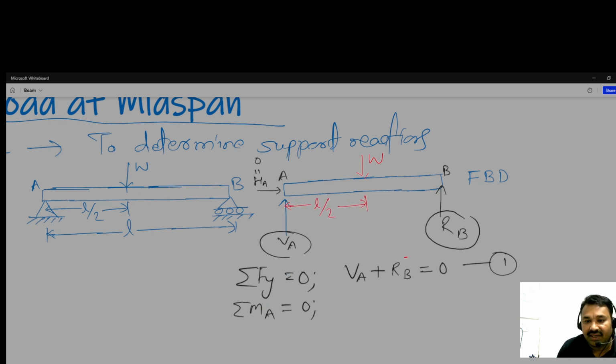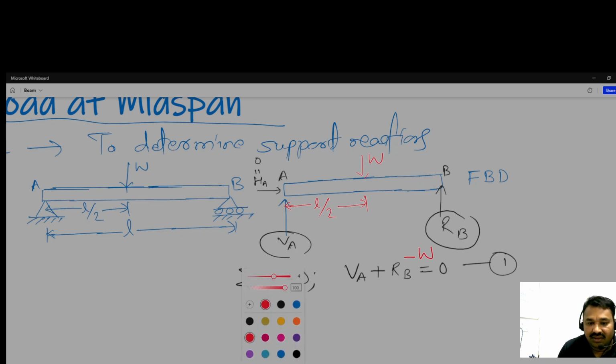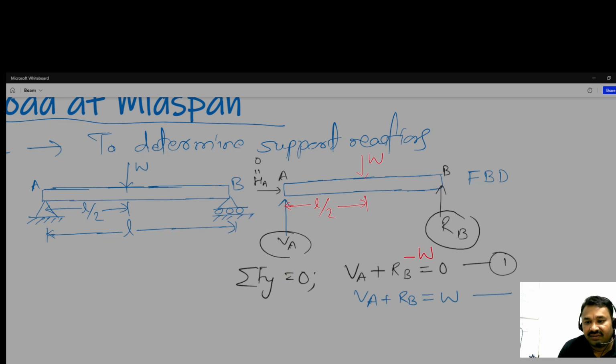So VA plus RB is equal to W. This is our equation number 1.